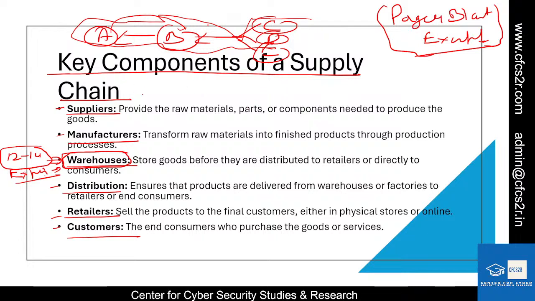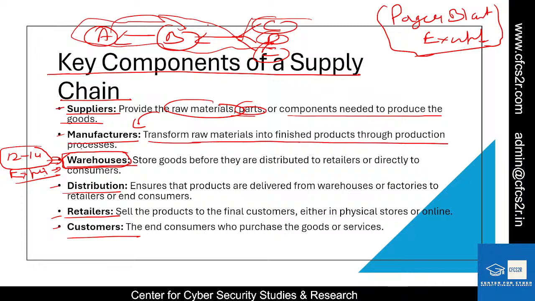So the key components of the supply chain are, first, suppliers. Who are the suppliers? They provide the raw materials, parts, or components needed to produce the goods. Suppliers give the raw materials to the manufacturers. Manufacturers transform raw material into finished products through the production process. After manufacturing, they give the products to warehouses.